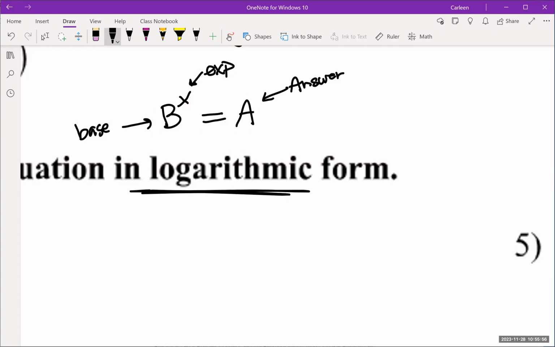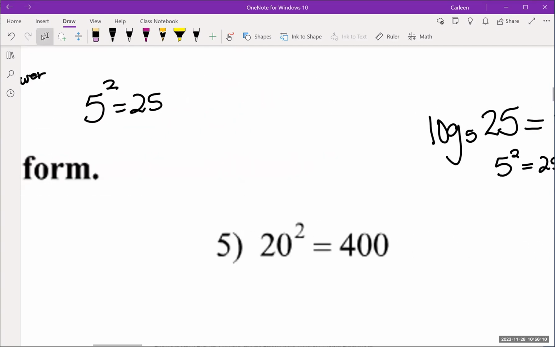So for example, 5 squared equals 25, right? What is the base?